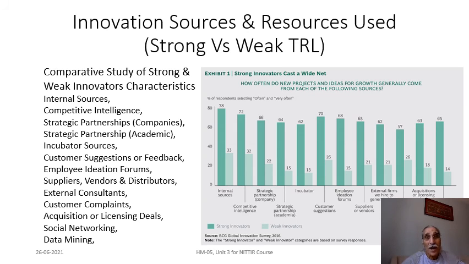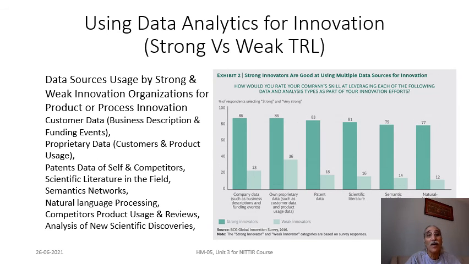So acquisition, absorption, adaptation, integration, and how we can use the ideas of the employees, suppliers, vendors, distributors, external consultants, customer complaints, and how complaints can be converted into a proper product design. These are then based on social networking input, data mining, and other things, how strong innovators use technology readiness in order to absorb new and better ideas.